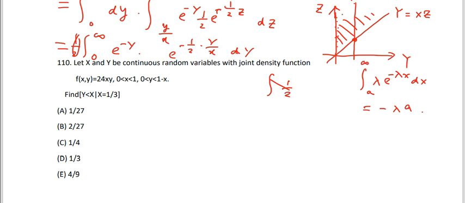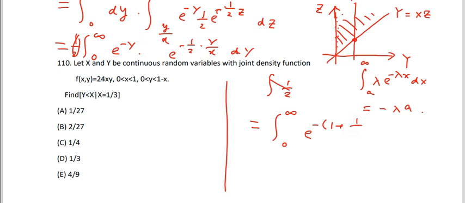So here remember x is constant. This equals the integral from 0 to infinity, where the negative y coefficient is 1 plus 1 over 2x, times y dy.